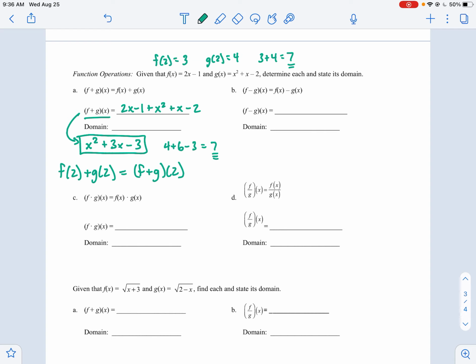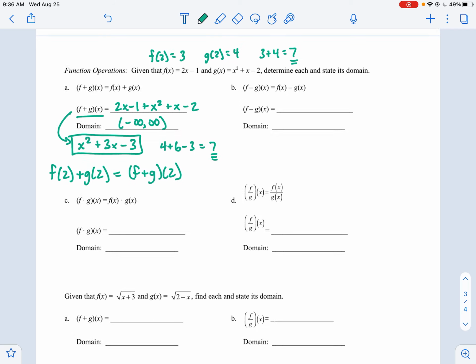In this example, f is a linear function, so I can plug anything into it. Since g is a quadratic, I can plug anything into that. When I add the two together, it's just a quadratic, so my domain is all real numbers, negative infinity to infinity.